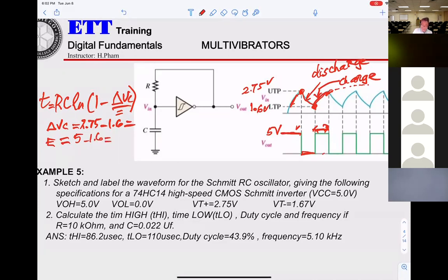Mr. Pham? Yeah. I think this is maybe a point of my confusion from last night. So this formula for T, we're just using RC times natural log of 1 minus delta VC over E, not 1 over 1 minus delta VC over E. It should be 1 over 1 minus delta VC over E, so it should still be the same exact formula.